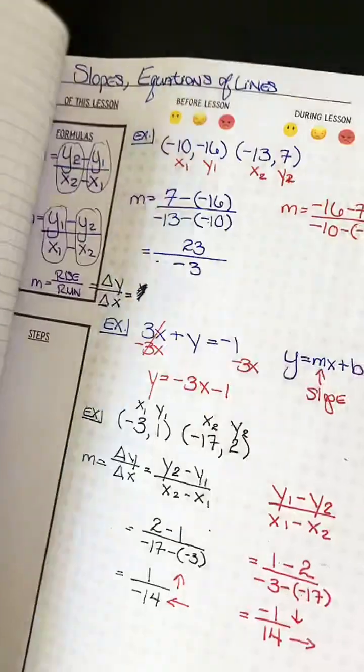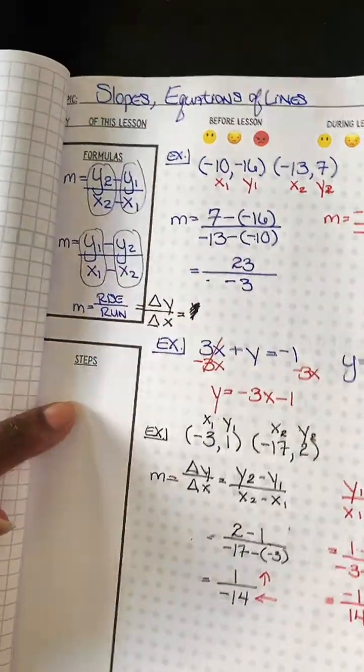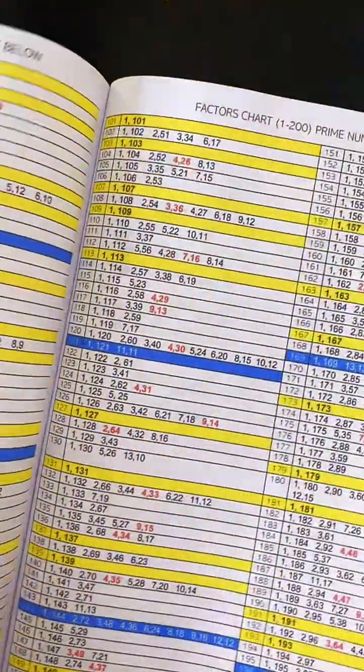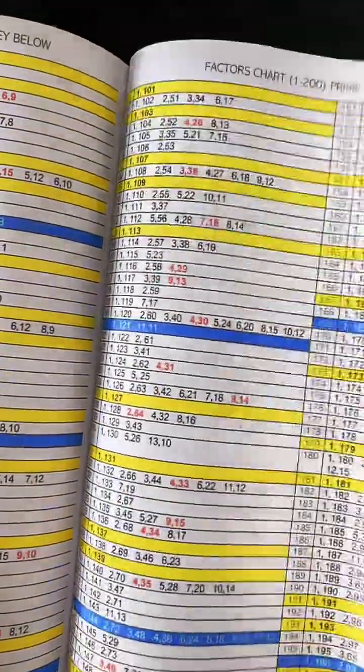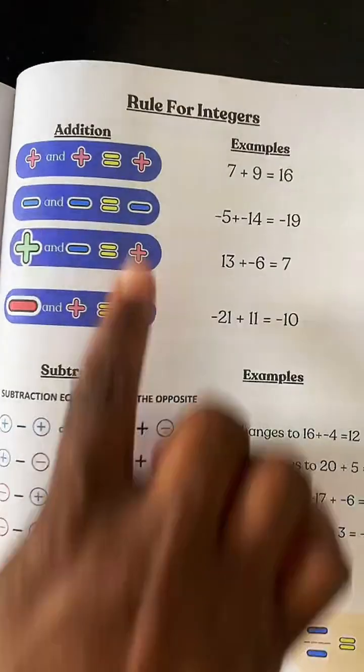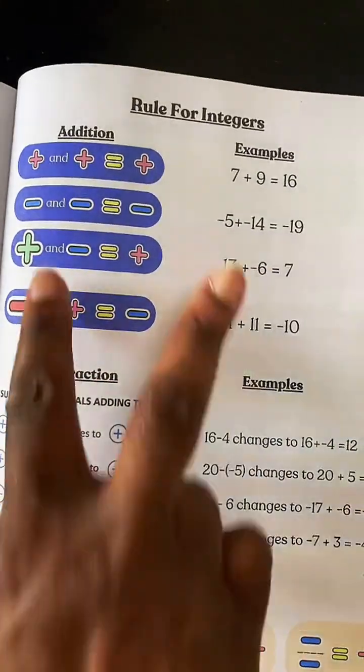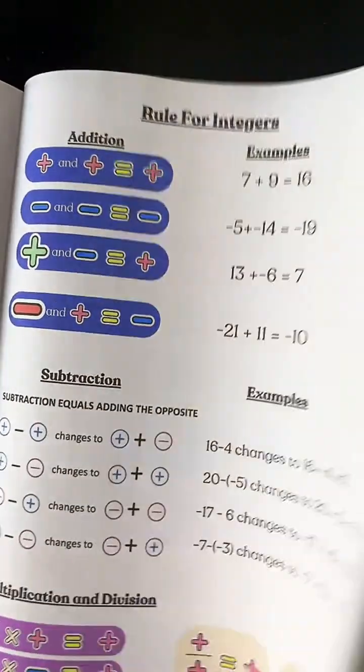Okay, it gives you a space to put your formulas, a space to do your steps, as well as, this is my last part and then I'm going to go back to the teaching, it gives you resources in the back of the book. So it gives you a factor sheet from 1 to 200. It gives you the rules of integers. If you can't keep it in your mind, it's in the back of your book so you can remind yourself.